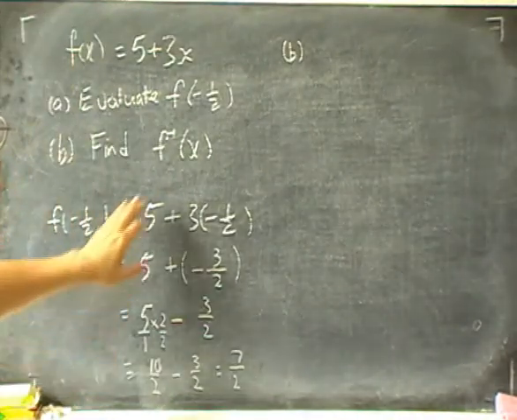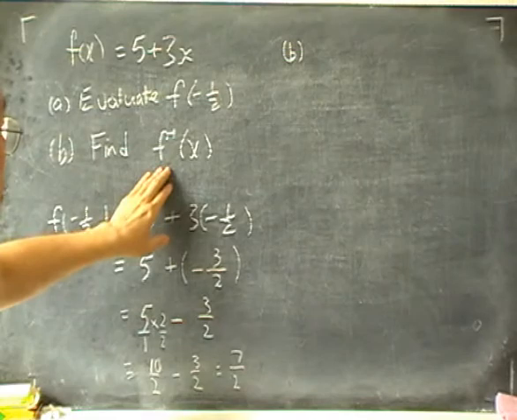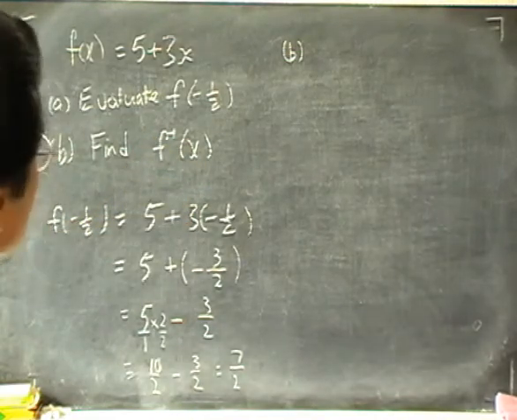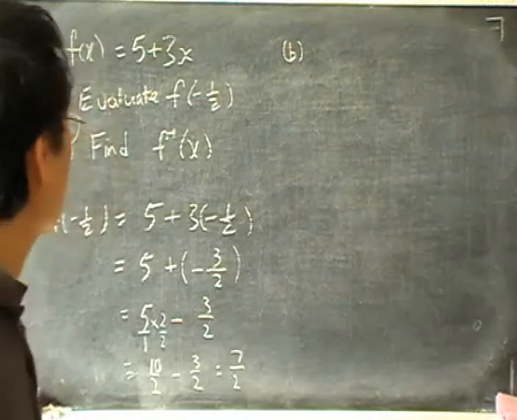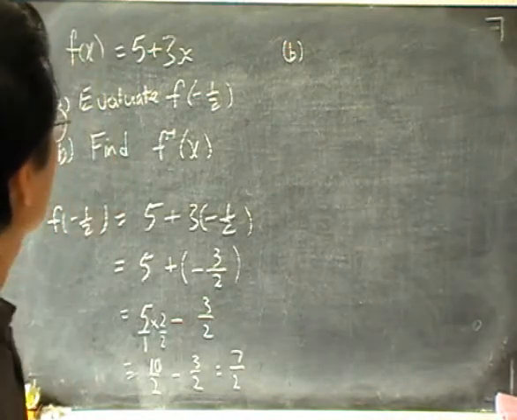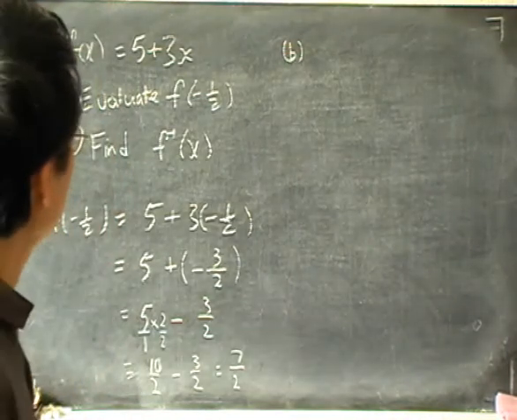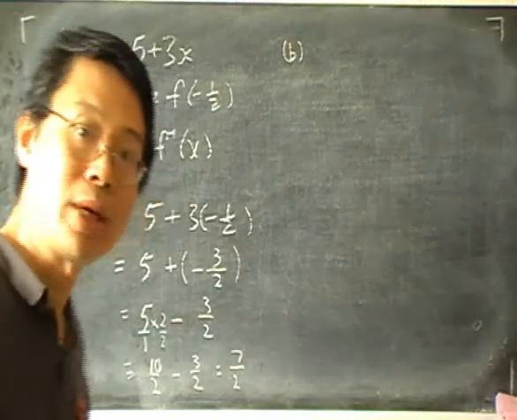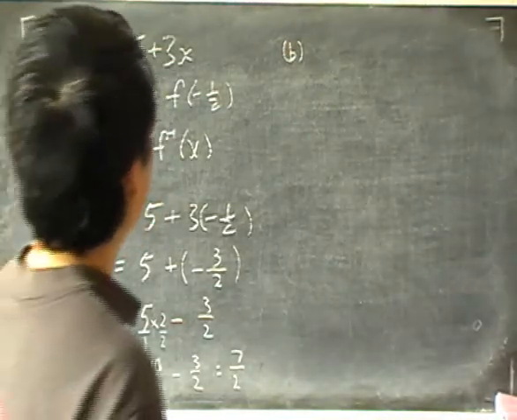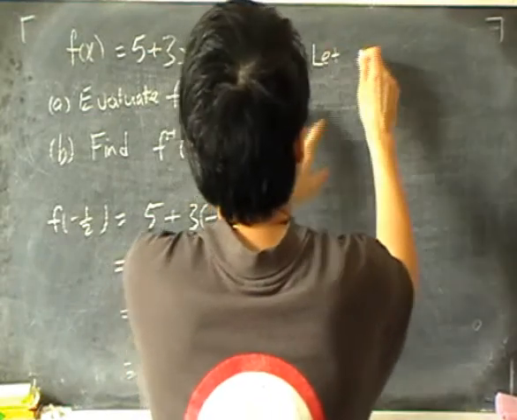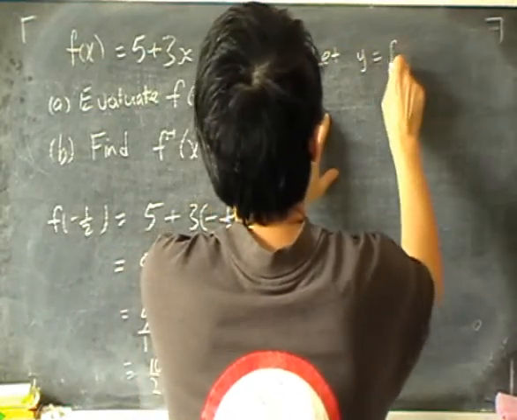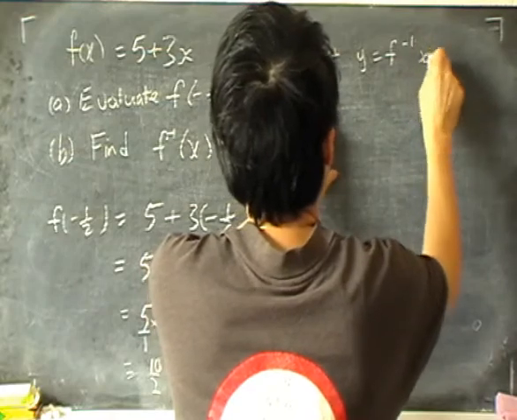In part B, we must find f inverse of x. Now in the last session, I showed one way to do it. Let's try another way this time. Now I'm going to let y be f inverse of x.